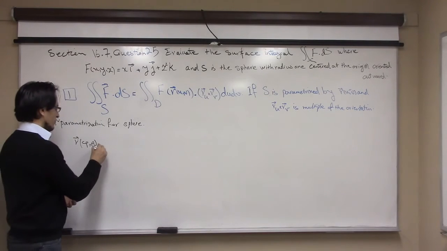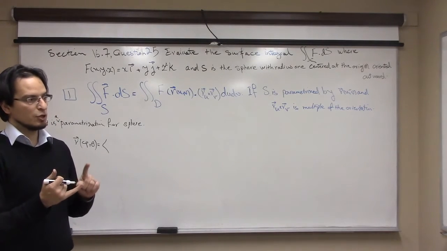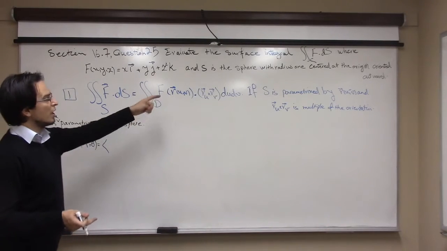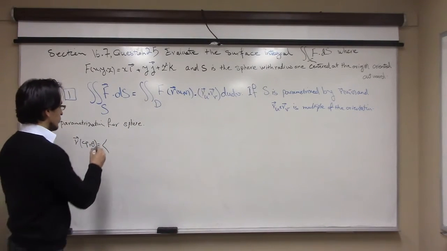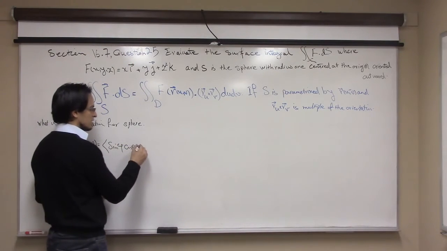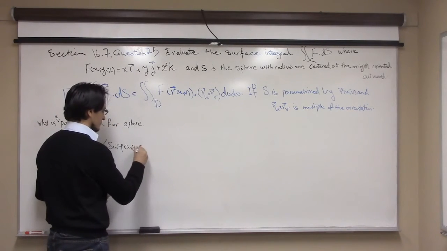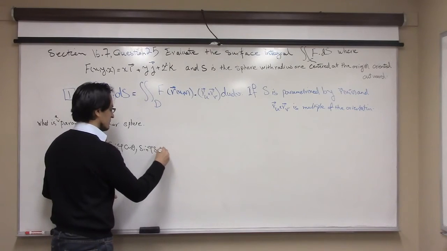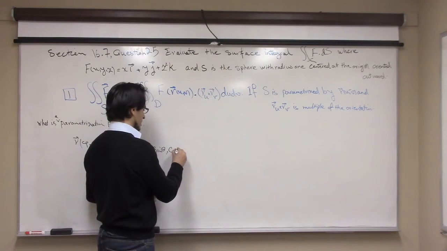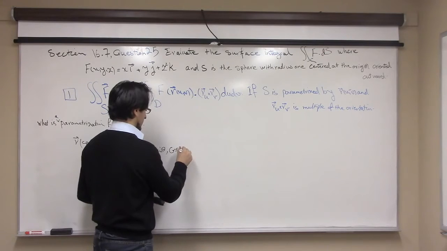For phi and theta, I know that in spherical coordinates x is equal to rho sine phi cosine theta, but rho for us is equal to the radius, so it is 1 sine phi cosine theta. y is rho sine phi sine theta, and z is equal to cosine phi.